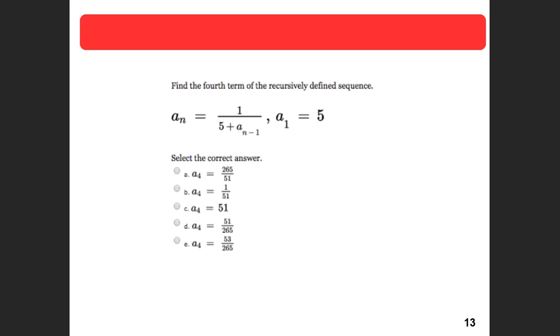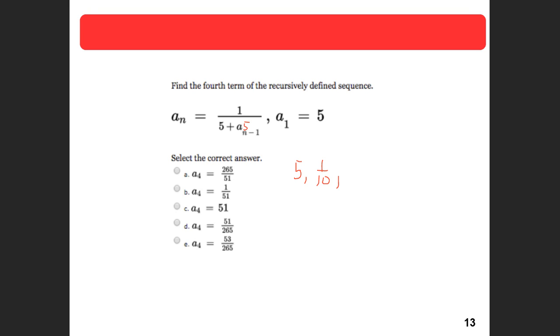Letter D again? Oh boy. All right. So if I was going to do this problem, which I really don't want to do, first term is 5. Okay, get the first one. Second term shouldn't be too hard. Just put 5 in here. So 1 over 5 plus 5, which is 10. 1/10. Okay. So now I've got the second term.